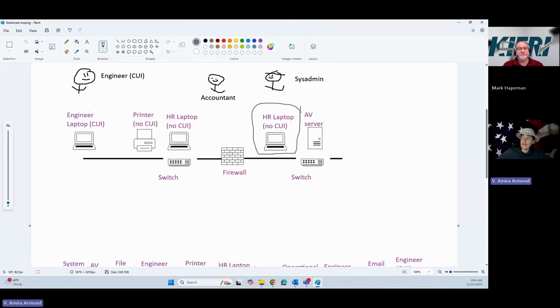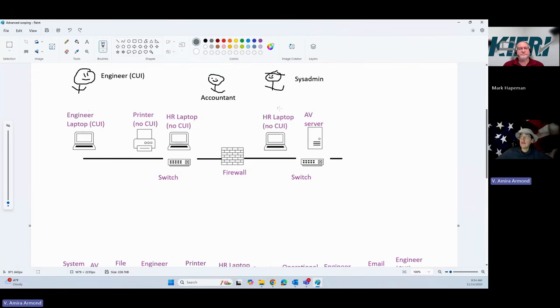You see how there's a big firewall in between, right? So if this firewall blocks all traffic by default, strongly controls communications, then we can say stuff on the other side of it is not logically connected to CUI in this example.